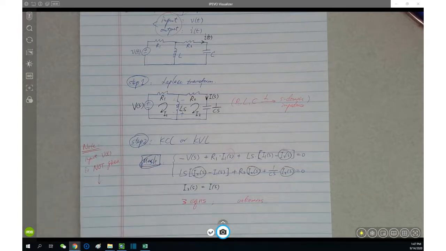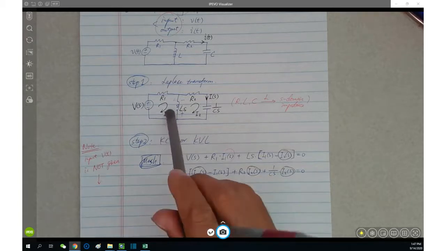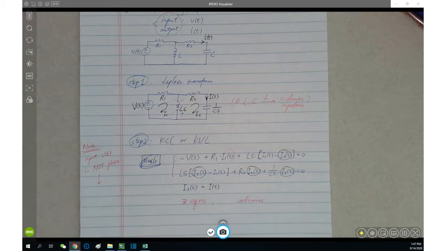We are studying the system behavior, not taking into consideration who is the input. Say you design a system, and this system works in a certain way that you're trying to model in the frequency domain as a transfer function.